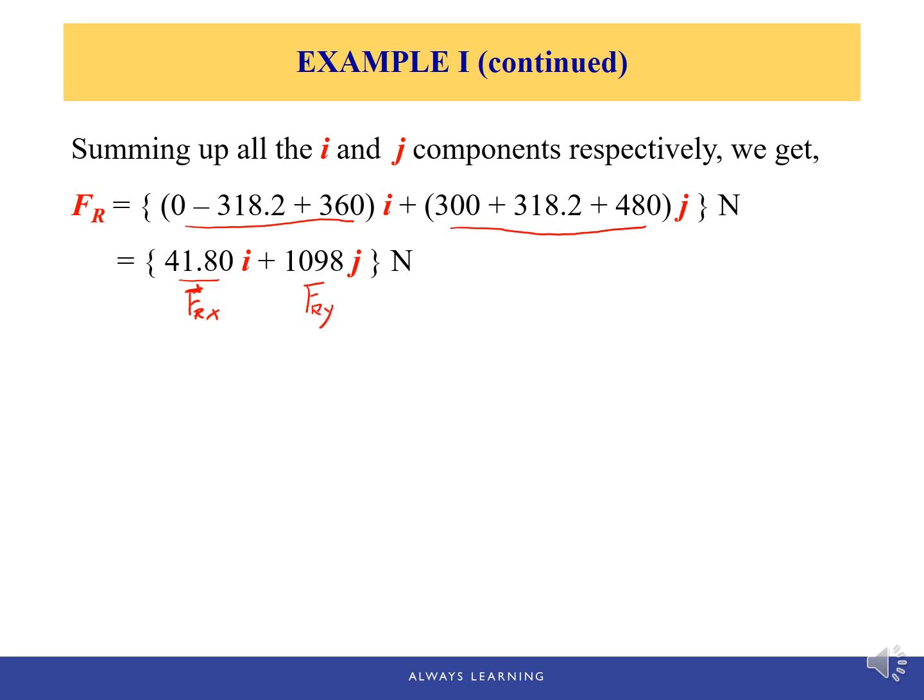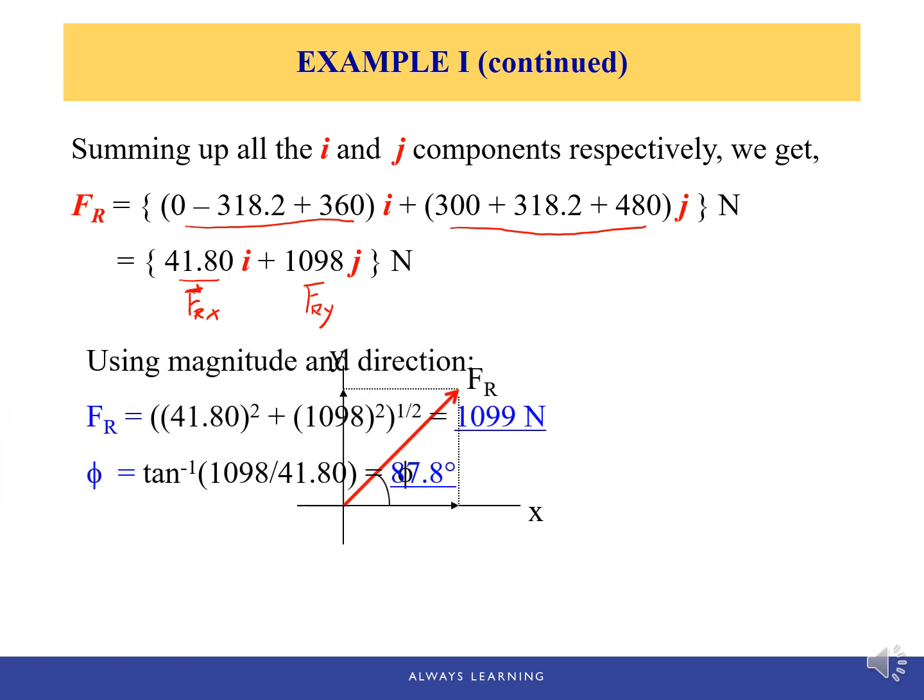So this will be our resultant vector in component format and also in vector notation, right? We also need to find the magnitude and the direction angle of this 2D vector.